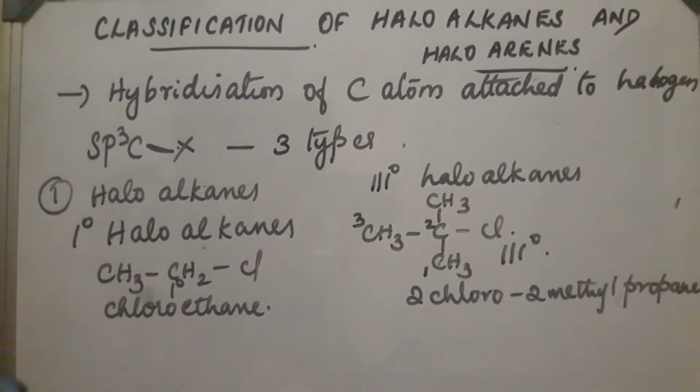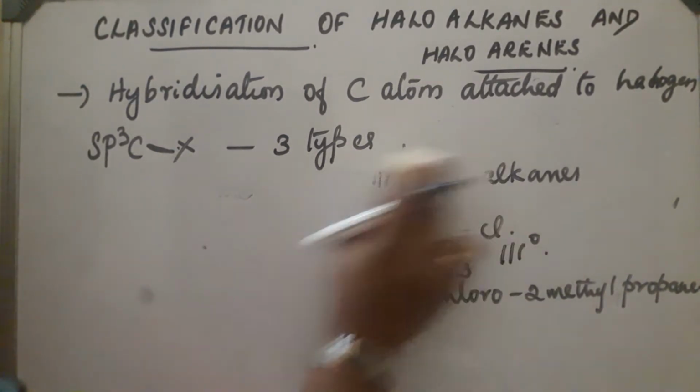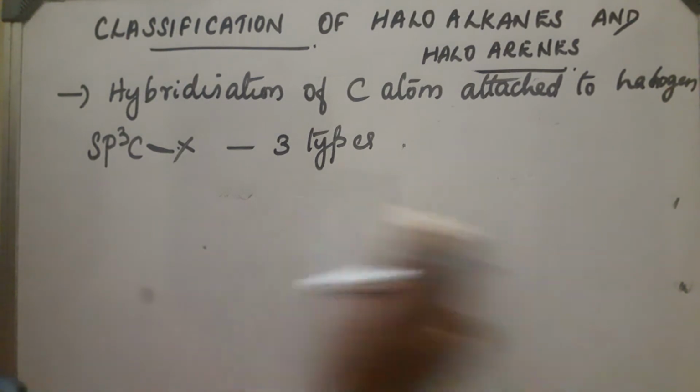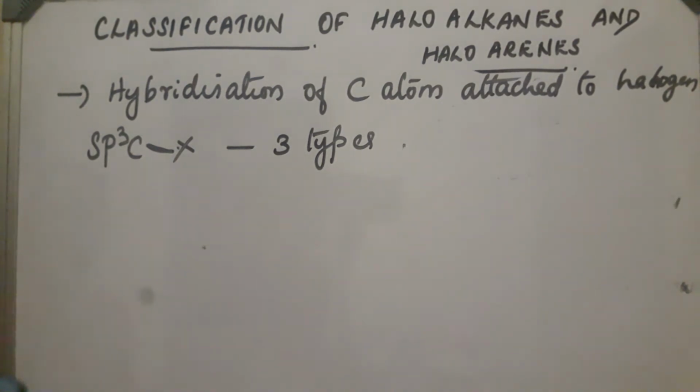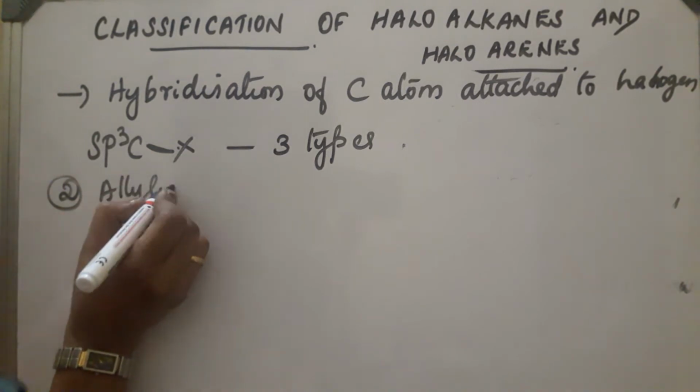In the case of the sp3 C-X bond, the second type is allylic halides.